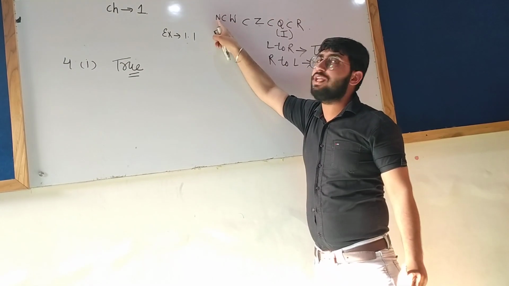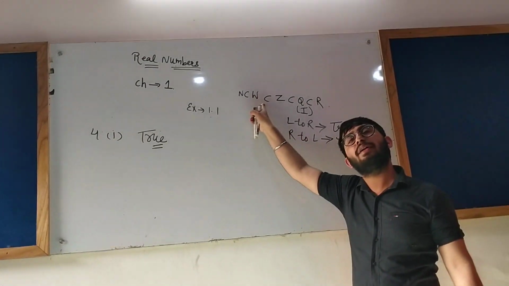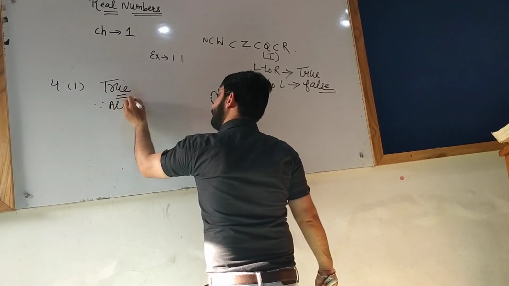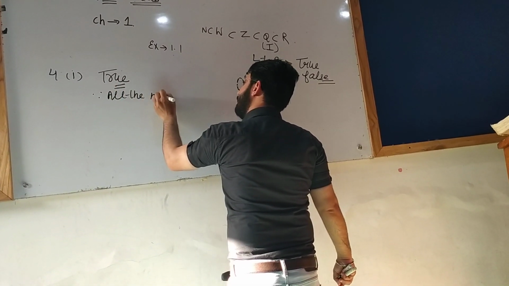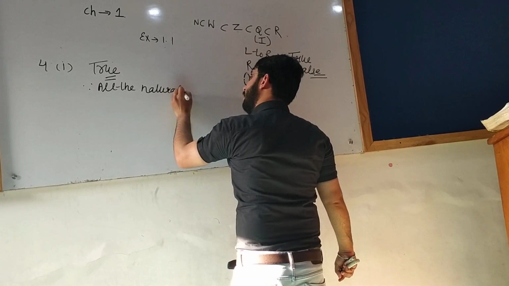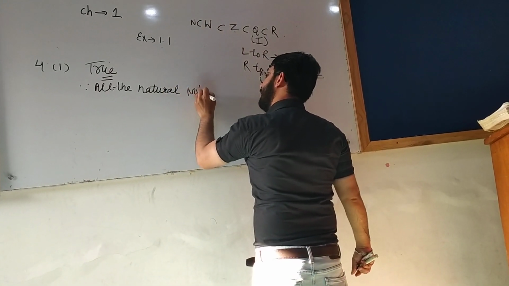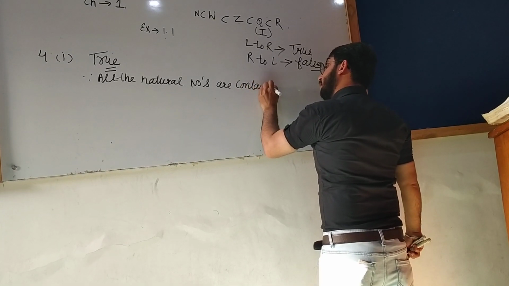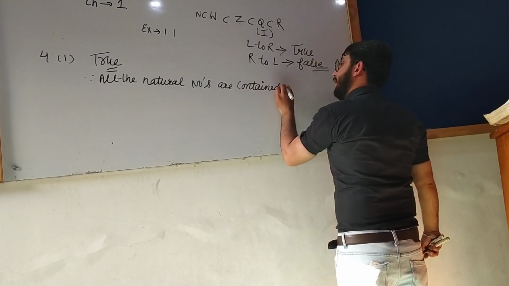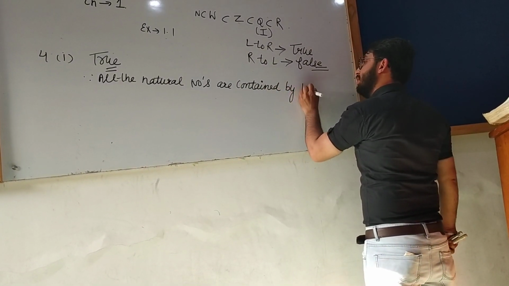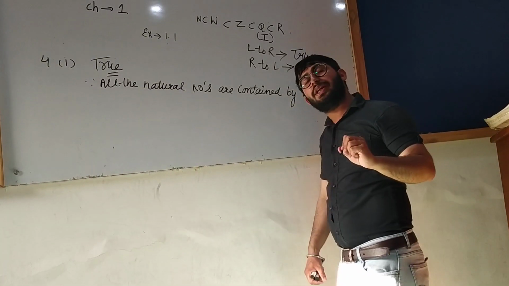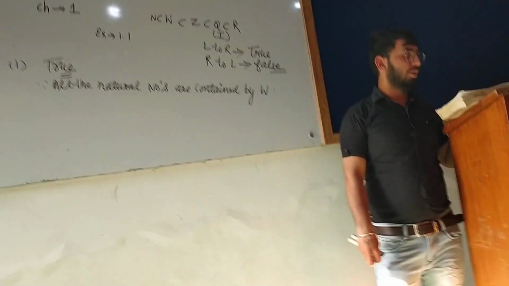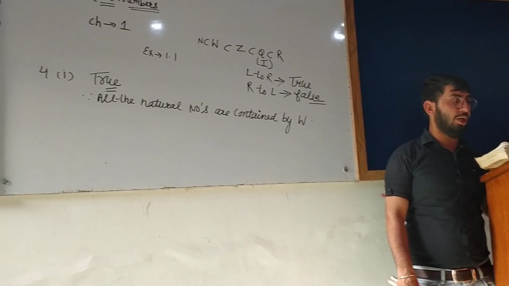Because all the natural numbers are contained by whole numbers. Therefore, we can say that every natural number is a whole number.